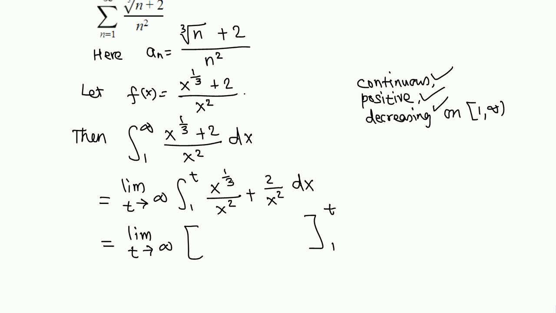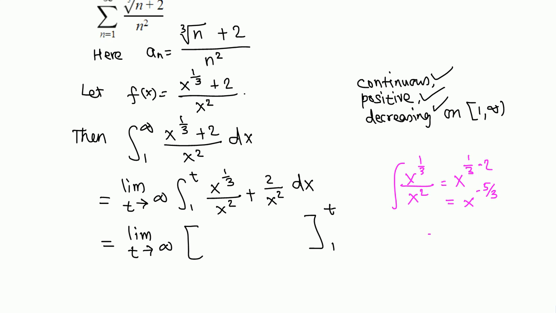x raised to 1/3 divided by x squared is the same as x to the 1/3 minus 2. 1/3 minus 2, where 2 is 6/3, so 1/3 minus 6/3 is negative 5/3. And we want to find the antiderivative.